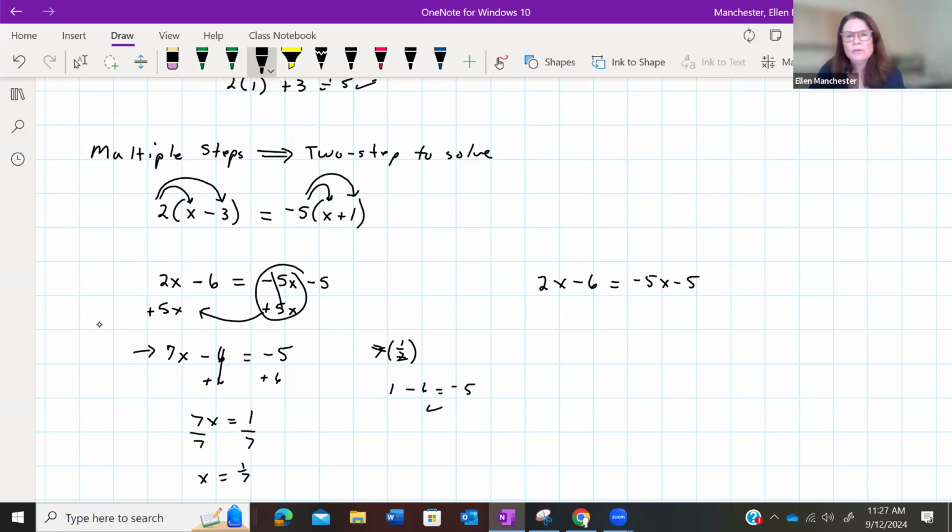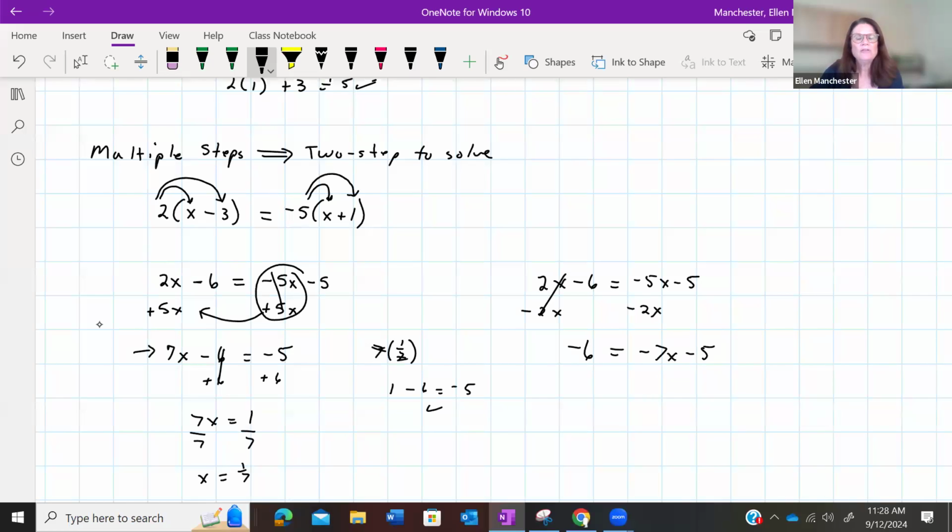All right, so I rewrote it because I wanted you to see it a different way. Some people see this 2x and go, oh, I'm going to bring this over here. Is there anything wrong with that? Okay, it gives me a -7, which I'm okay with.